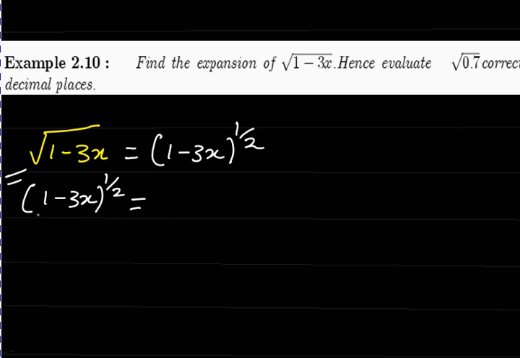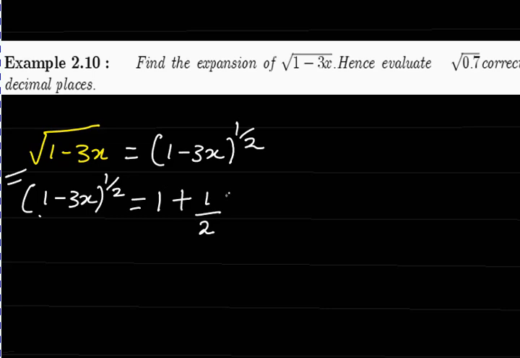Okay, so this is going to be 1 raised to the power of half, which is t1. Then of course plus, okay, the next term is going to be the coefficient is n, right? And the n is half.